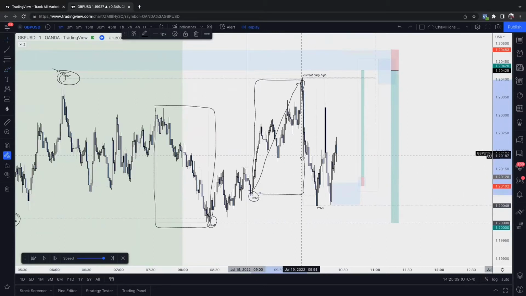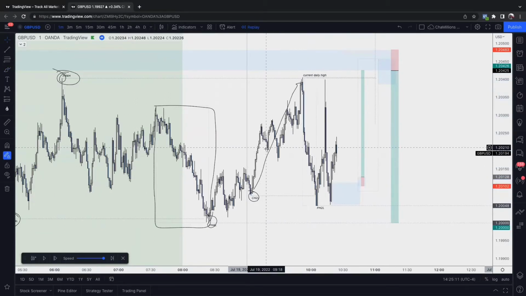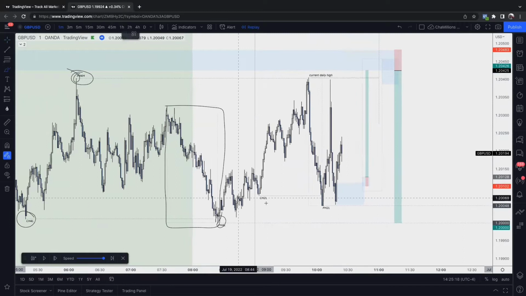And now per rules, if we throw rules into this equation, the most recent constant liquidity target, which will be here, that runs major buy side liquidity, is now an ultimate target, right?